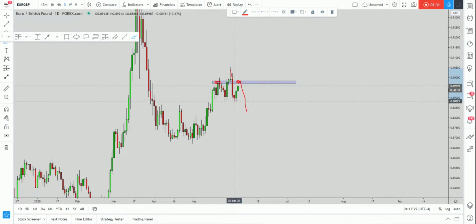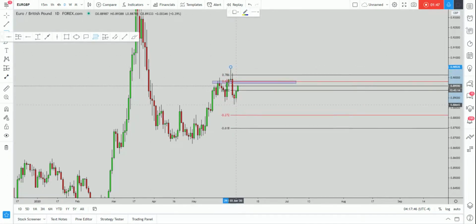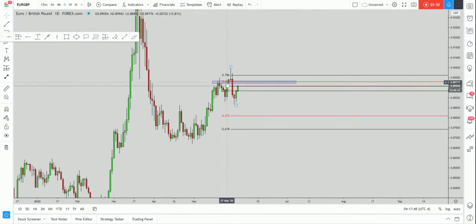So the completion of this impulse correction and impulse pattern to the downside, rejection of the structure, creation of this head and shoulders, and obviously we will also have the confluence of resistance inside of this area of the Fibonacci taken from the high to the low of the impulse, possibly at 0.618 Fibonacci retracement, as you already see.